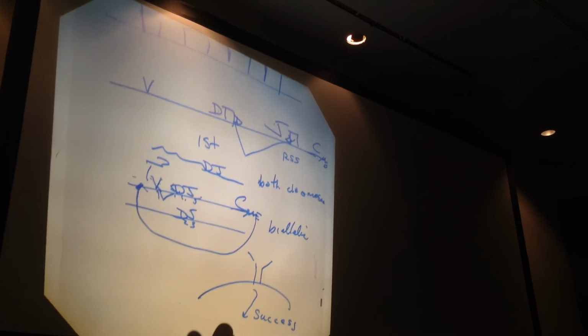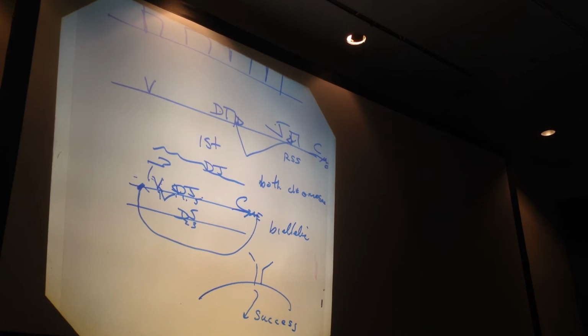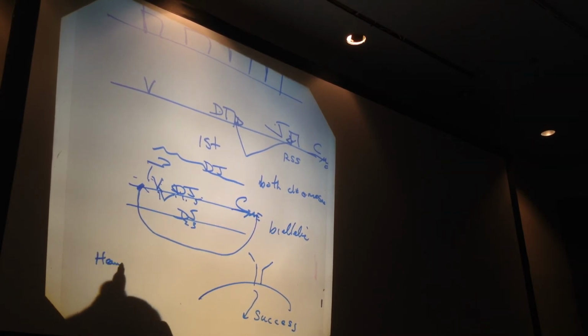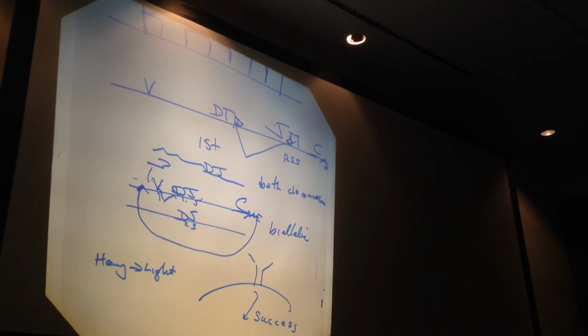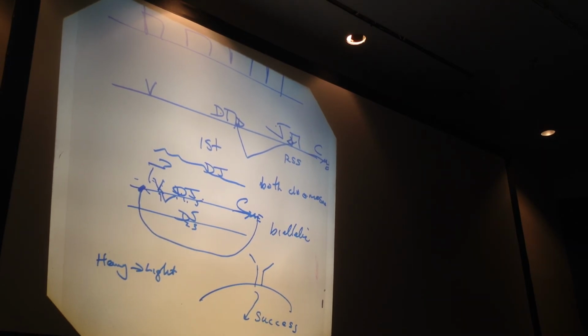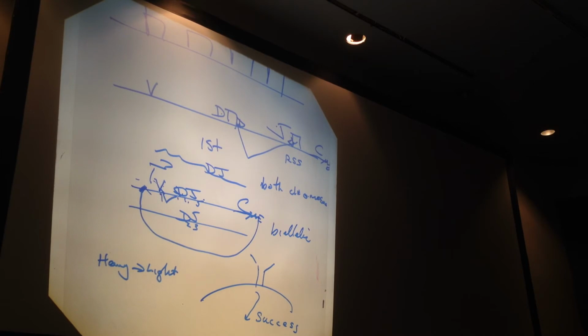Now, I'm going to add some bit of confusion here. The heavy chain happens first before the light chain. So it's heavy chain, then light chain. However, you need a light chain to get to the cell surface. How does the cell do that?